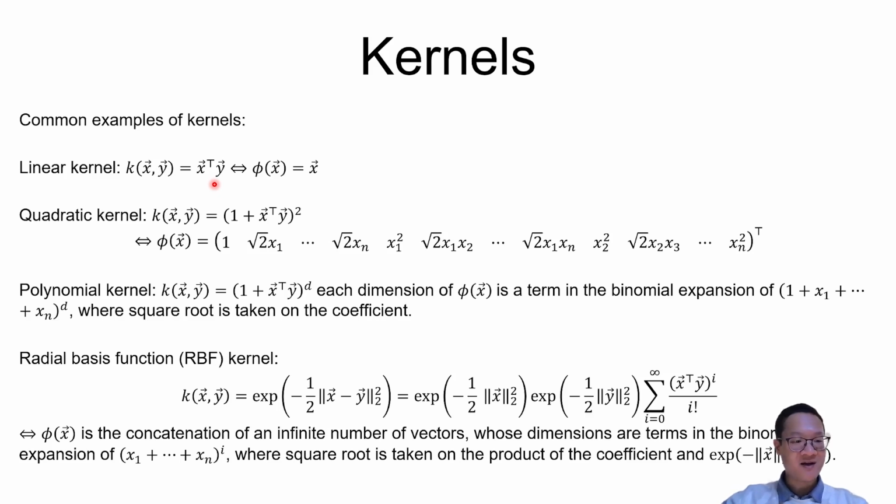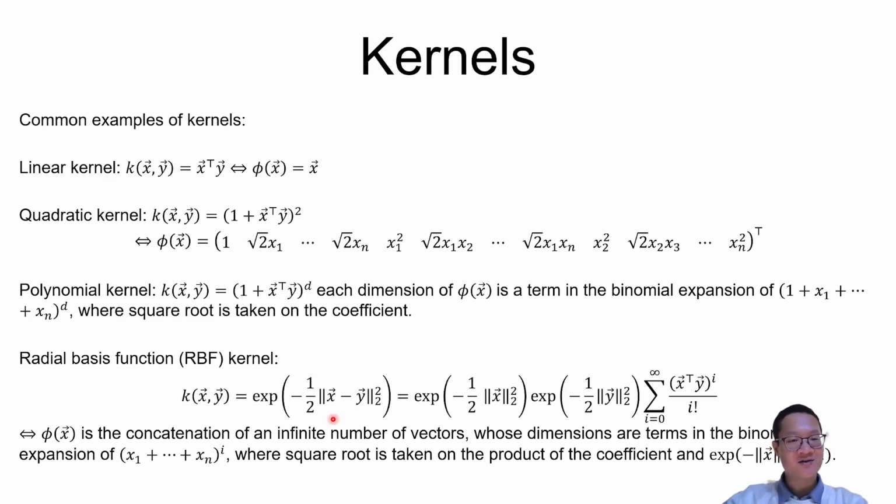When x transpose y is very negative, for example, the two data points are very different, far apart. When x is equal to y, we simply have the 2-norm of x squared, which is a positive number. So we do have some intuition about what the kernel evaluates to when two data points are close together, and what it evaluates to when they are far apart.